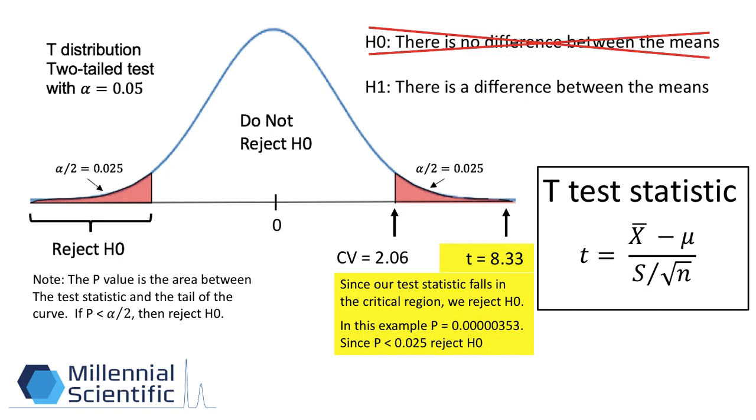Now, being that this p-value is the very small value that is in this extreme end of the tail, another way to state that is if our p-value, which here it is here, this very small number, is smaller than the indicated alpha level, in our case here, 2.5%, then we would reject H0.